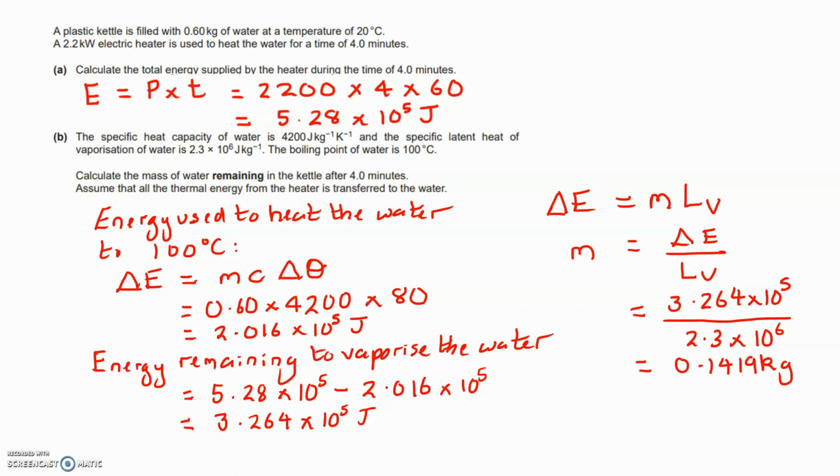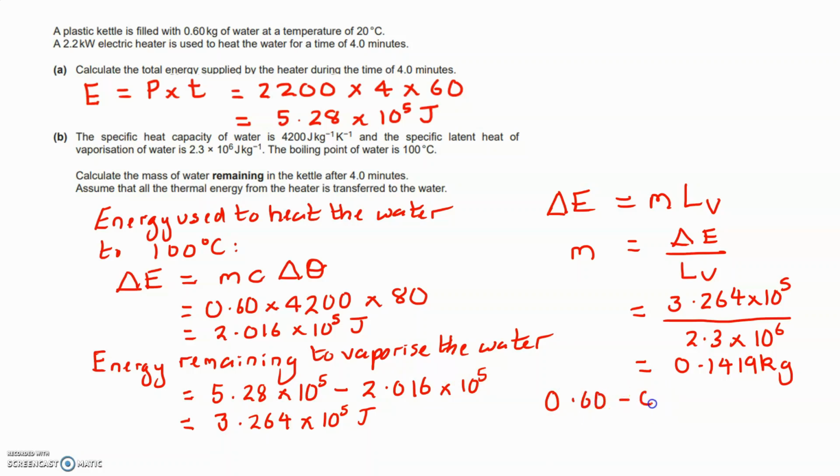during this particular situation. Now the question is asking for calculate the mass of water remaining in the kettle after 4 minutes. So the mass that we had at the start is 0.6 kilograms.